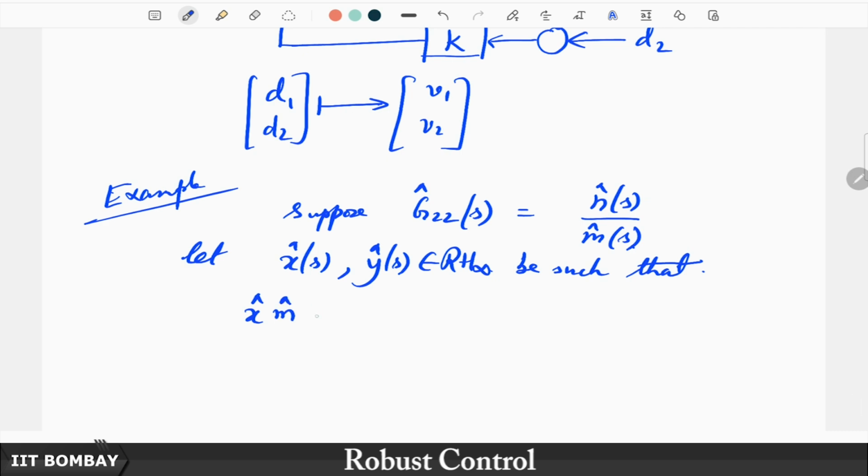Of course, we are dropping the s argument here, but remember that these are all functions of s. So, this is the Bezout identity for the scalar case, right.